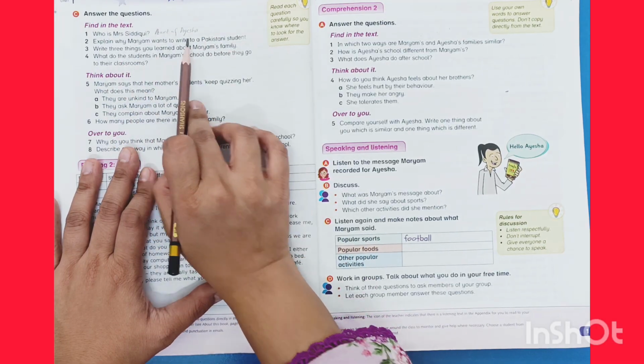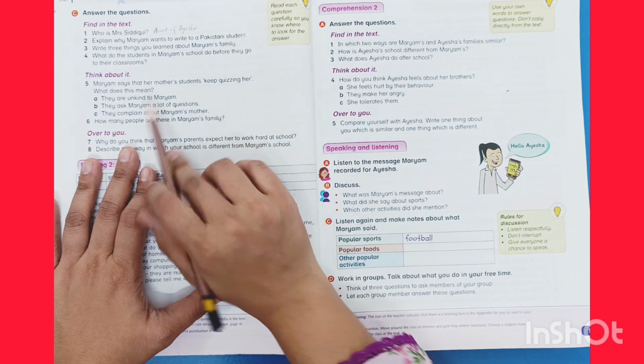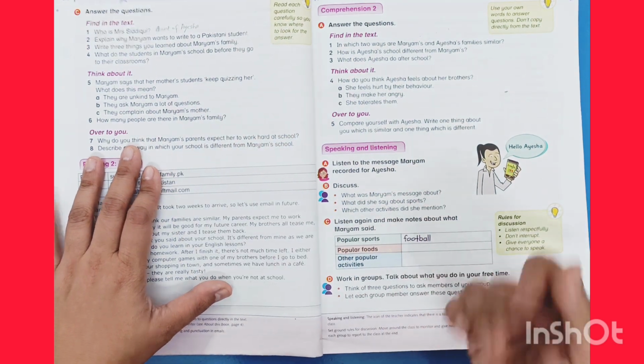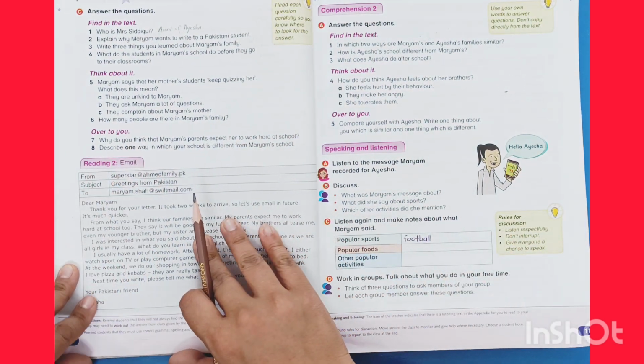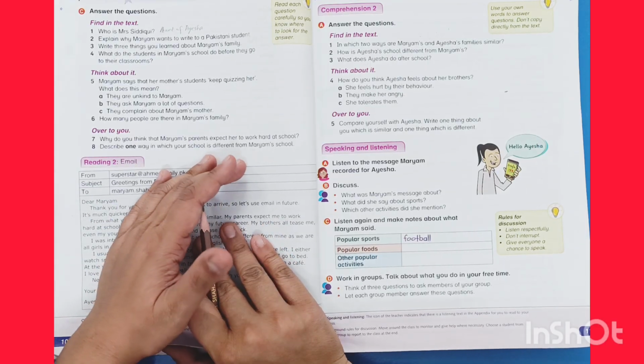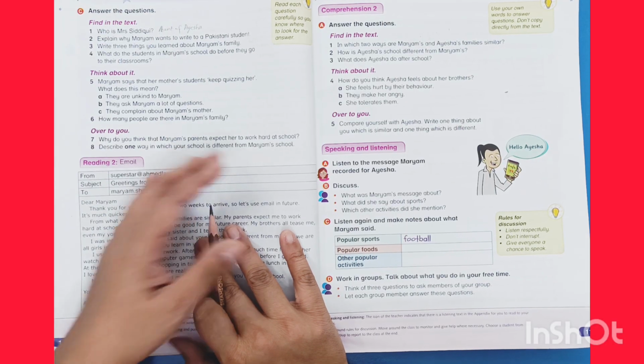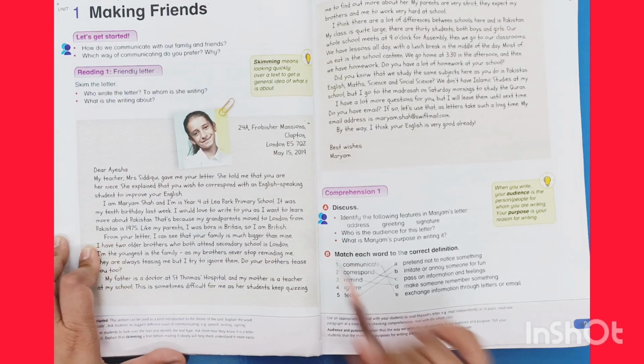Explain why Mariam wants to write to a Pakistani student. She wanted to write to a Pakistani student because she wanted to know more about Pakistan, as her family left Pakistan in 1975.